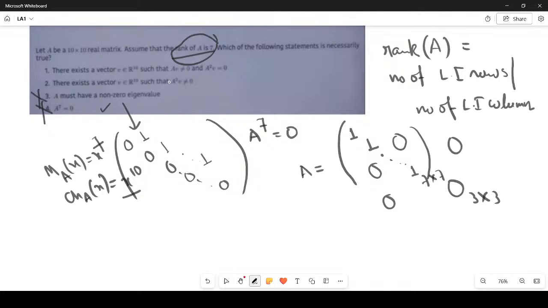Now comes option number 1: there exists a vector v belonging to R10 such that Av is not equal to 0 but A squared v is equal to 0.